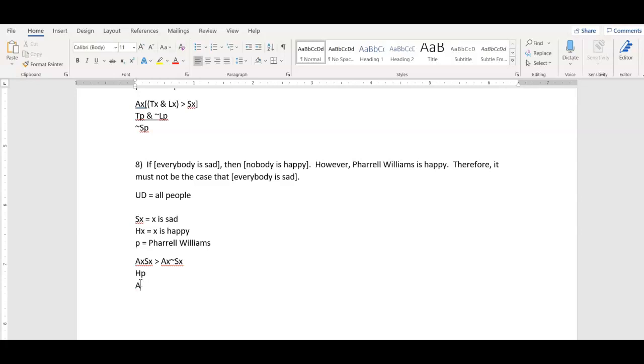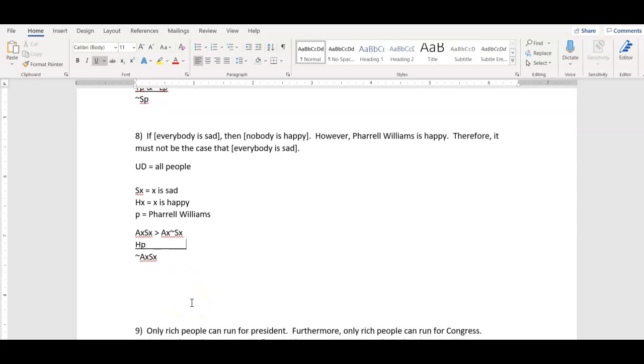So the sentence, everyone is sad, is just all x, sx, right? But again, it must not be the case that. Right? So now we need to distinguish or set apart the premise from conclusion. Again, horizontal line works fine. And that's number 8.